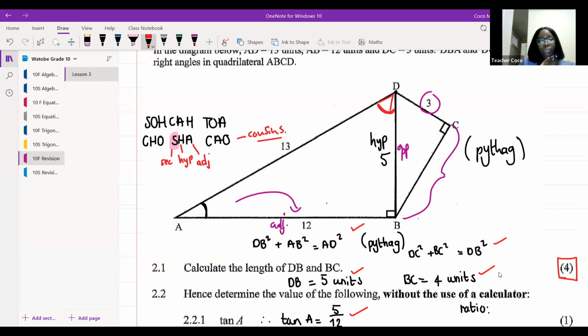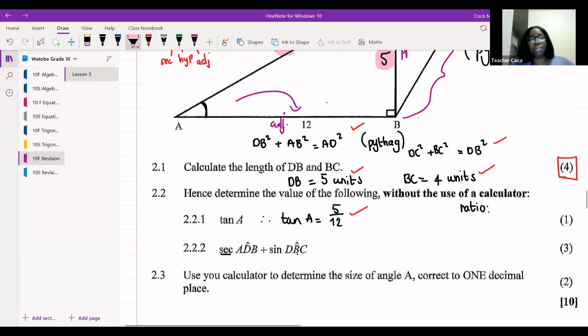Guys, have a look, because I'm looking for hypotenuse over adjacent. What is my hypotenuse? My hypotenuse over here would be 13. Good, that's it, Muhammad. And my adjacent side would be the 5 over here. So the sec of ADB is going to be equal to 13 over 5.